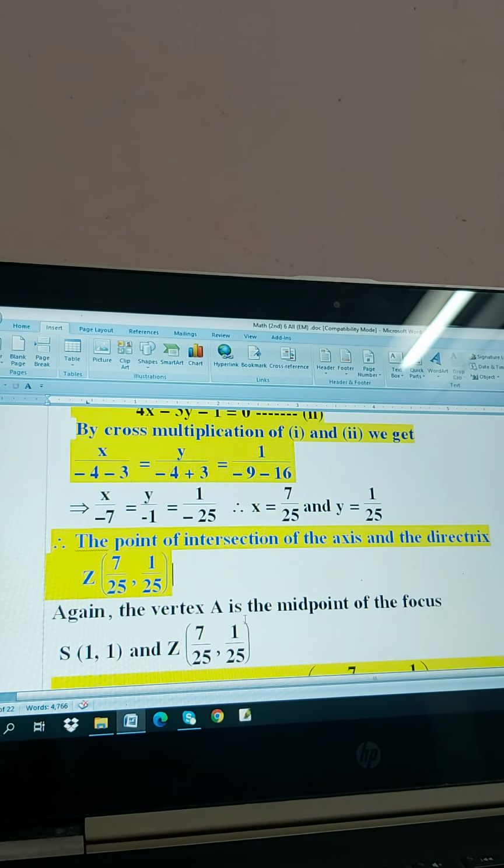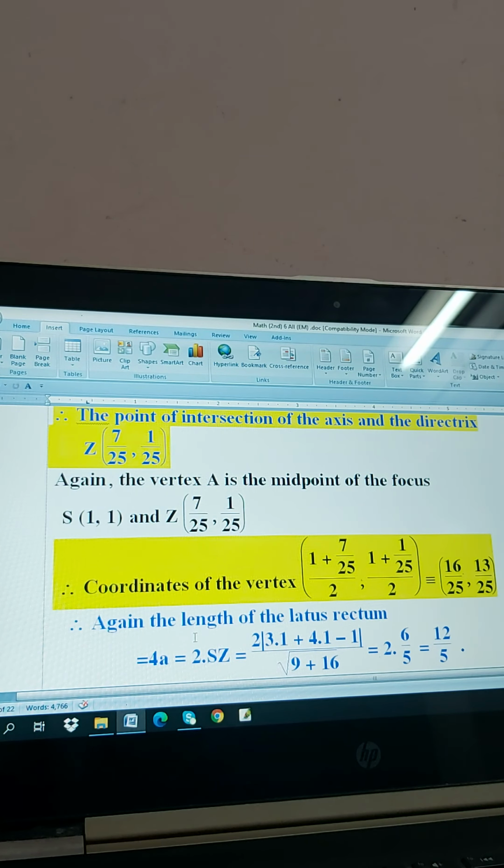Now find the coordinate of the vertex A using the midpoint formula, (x1 plus x2) by 2 and (y1 plus y2) by 2.